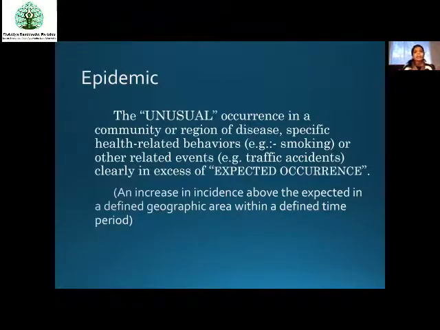It could have been 1,200 or 900 or something like this. It should have been a variation around the average of 1,000. But this year it is suddenly 10,000. That means it is an outbreak, it is an epidemic. It is very clear that the number is very high. Understood this? So then only we use the term epidemic.